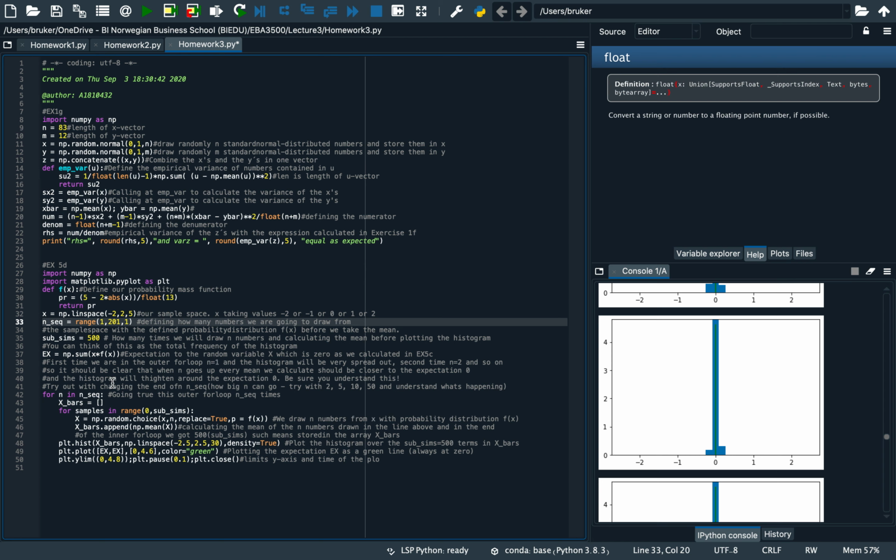Okay, so now we have defined what we have to define, and then we have to understand this double for loop. So first time we are in the outer for loop, n is equal to 1. And you can see where we use n, that's in the second for loop.